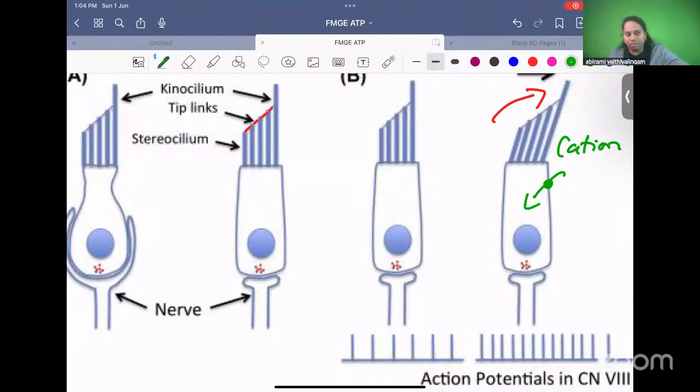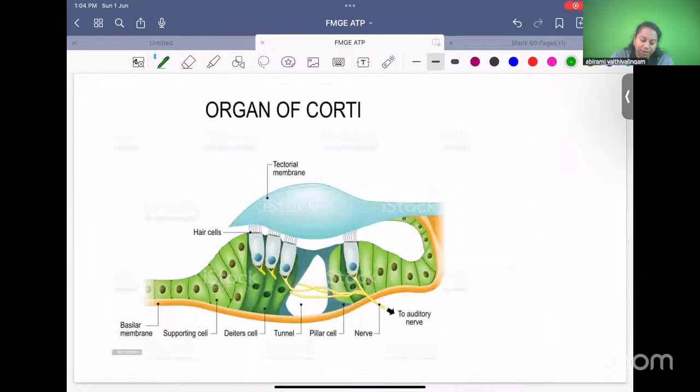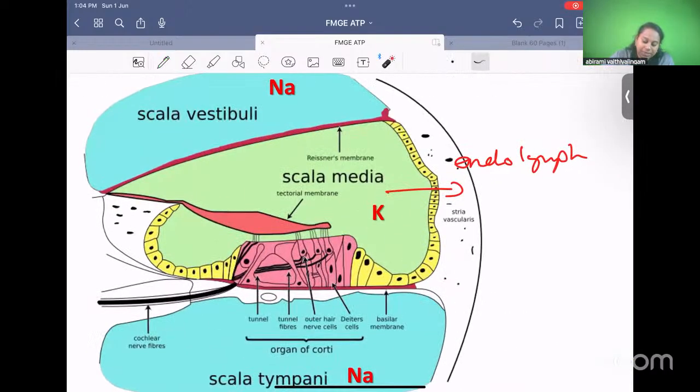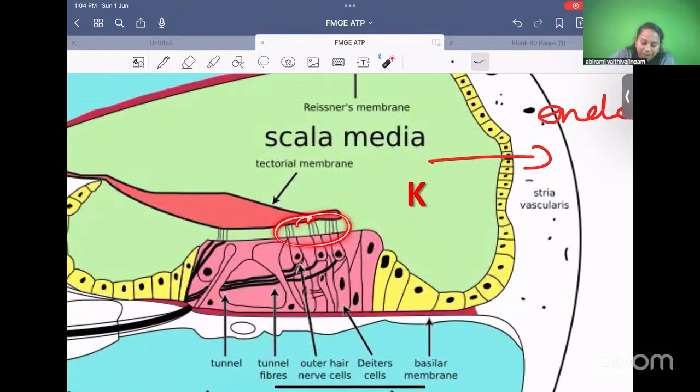Answer me. Which cation? Yes, very good. Potassium enters inside. Why does potassium enter inside? Because all this is happening in the scala media, and scala media is rich in potassium. So this is the hair cell, and from here potassium will enter into the hair cells.